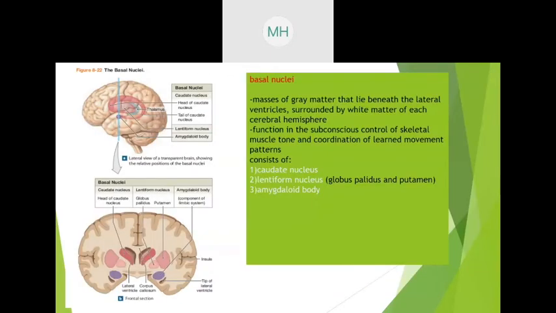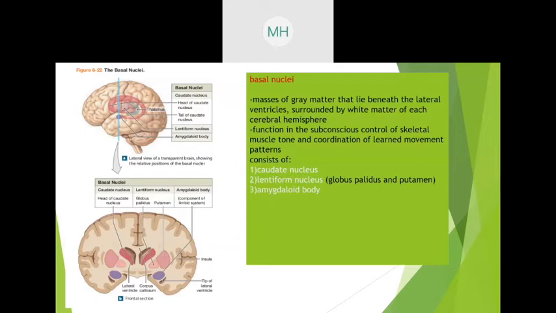Next is basal nuclei. Basal nuclei is also known as basal ganglia. It is a group of subcortical nuclei which are responsible for primary motor control, such as motor learning, executive function, emotion behavior, and an important role in reward, addictive behavior and habit formation.